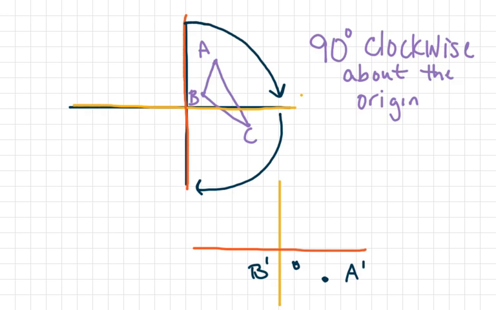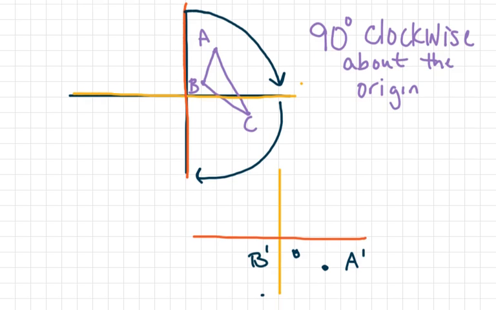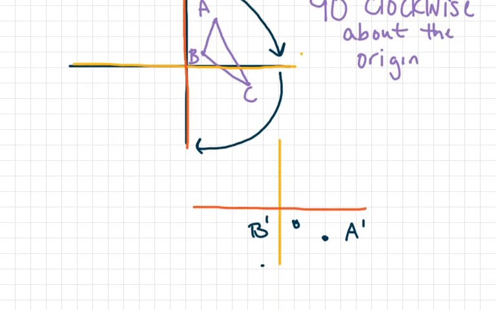So on the yellow axis, I'm going to go down 4 and left 1. So I ran a little out of room. Let me make this go up a little bit. So this is C prime. So I connect A prime, B prime, and C prime. And that's the rotation of 90 degrees.